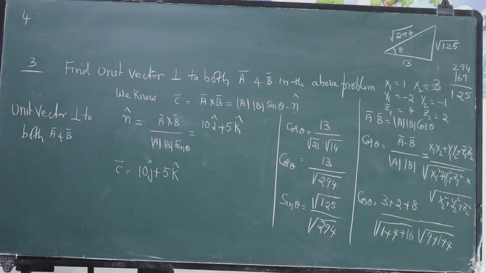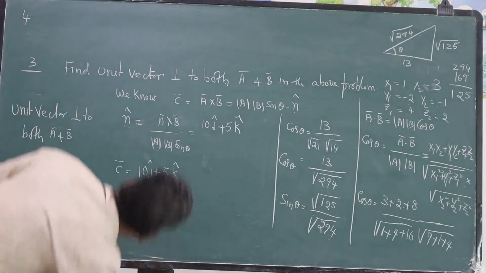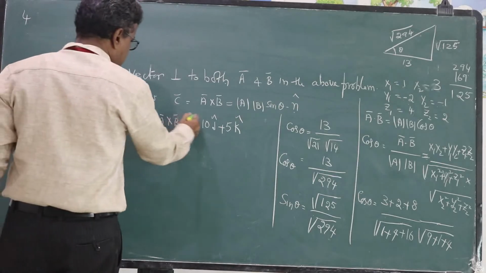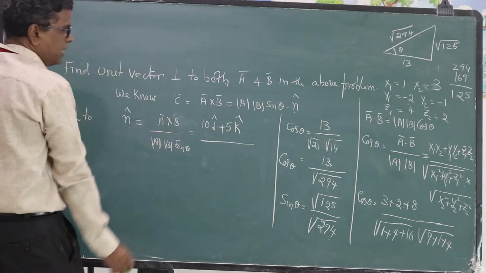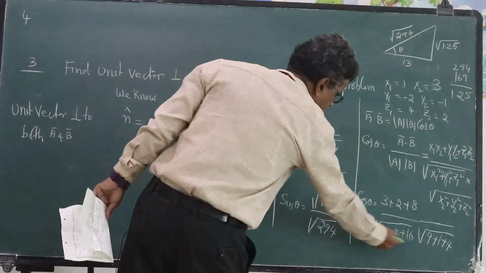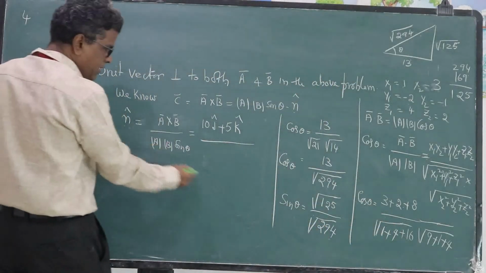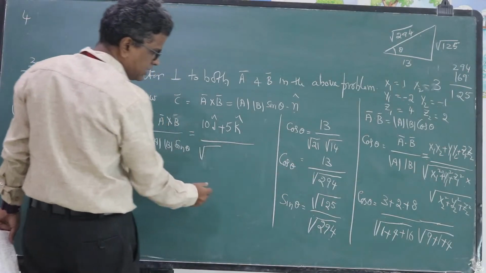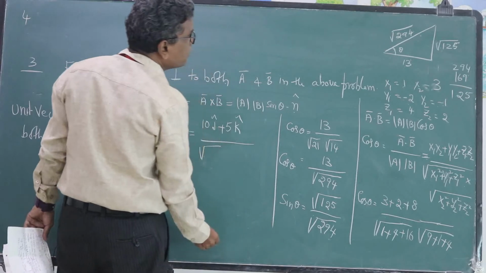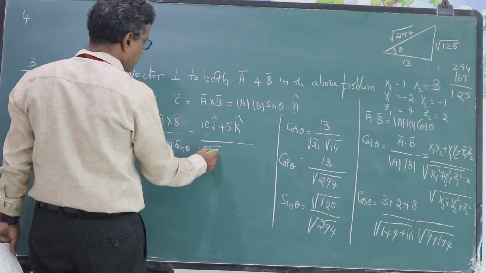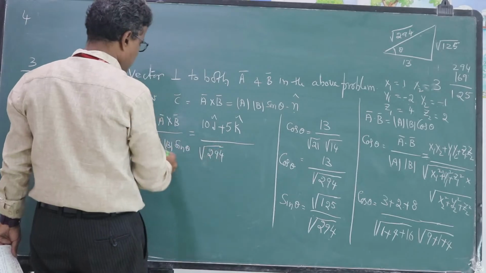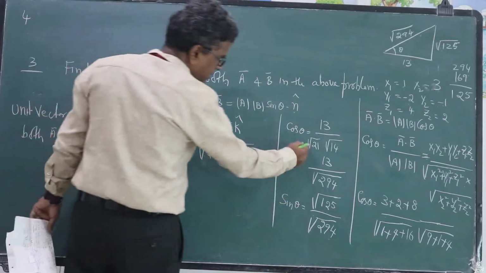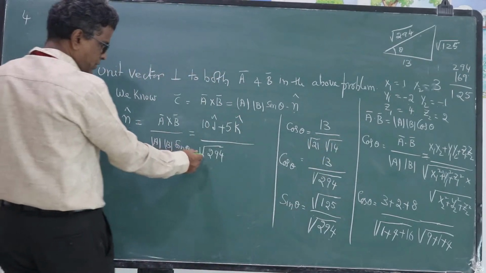And mod a mod b, we also calculated here, is root 21 into root 14, which is root 294, into sin theta.